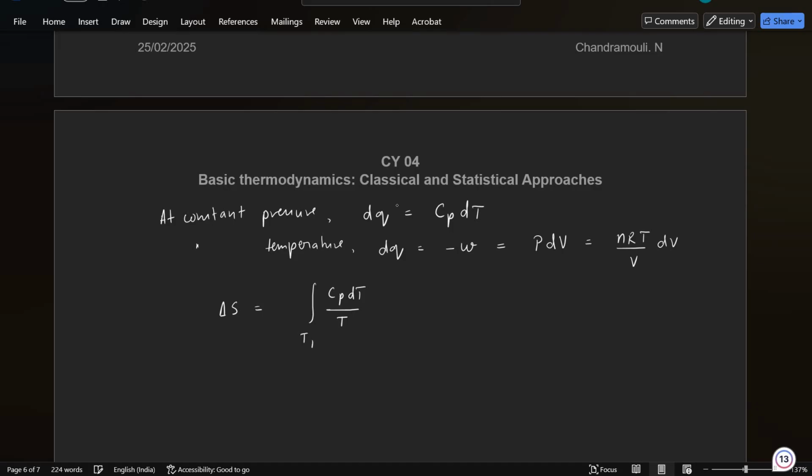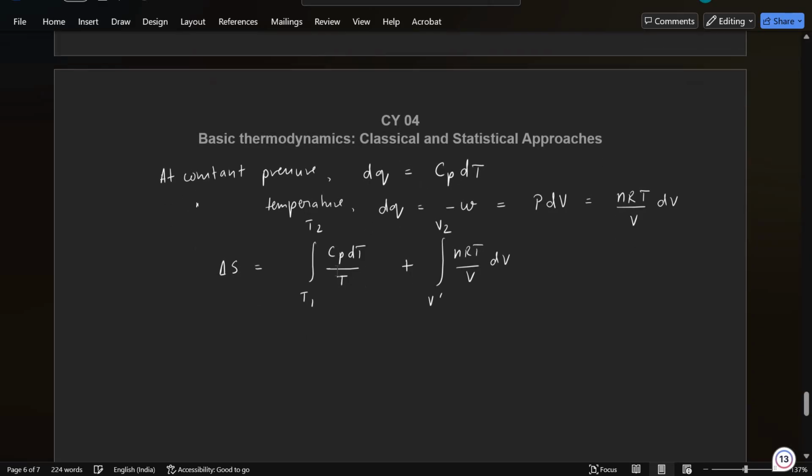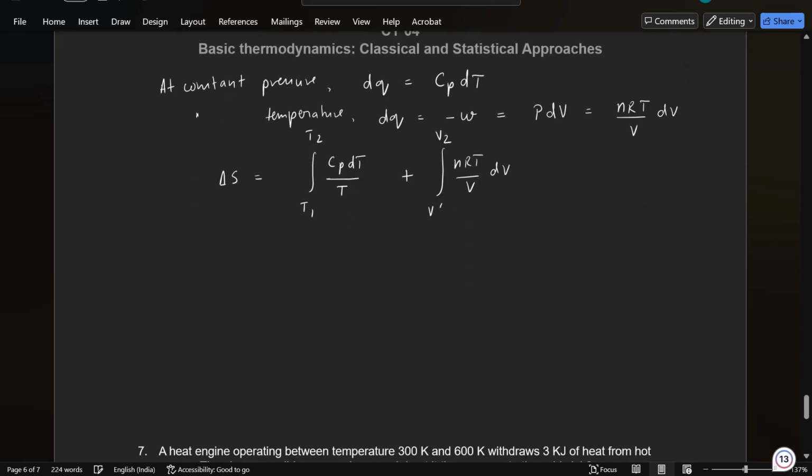Then the next part is equal to nRT by V dV, going from V dash to V2. We do not know what V dash is currently, but we'll use it later. So we get Cp ln T2 by T1.